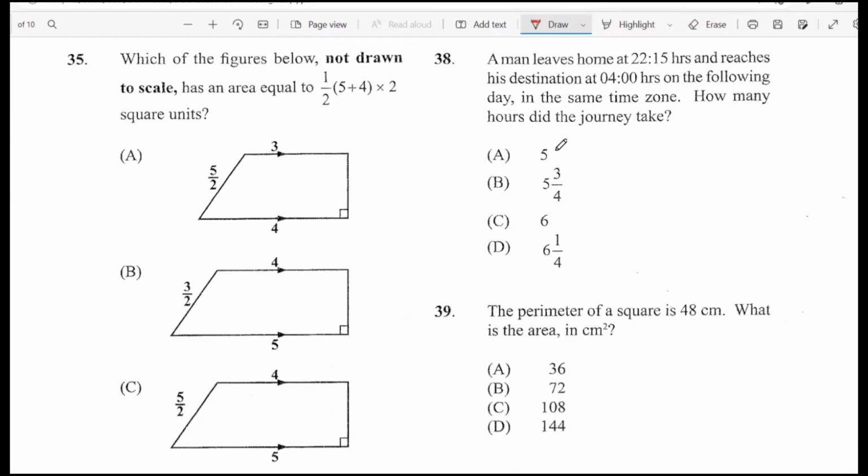Question 35 says, which of the figures below, not drawn to scale, has an area equal to half times 5 plus 4 times 2? This question is based on the fact that there is a particular formula to find the area of a trapezium. Let me quickly put a trapezium here.